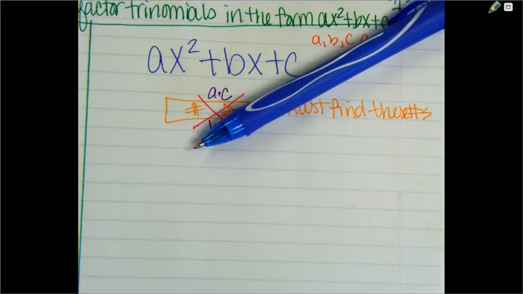I just said 9, so count by 9s. 18, that's 2. That's 3. What do we get?